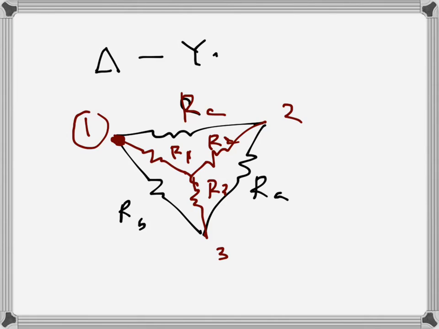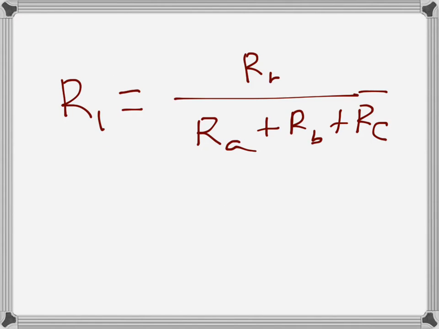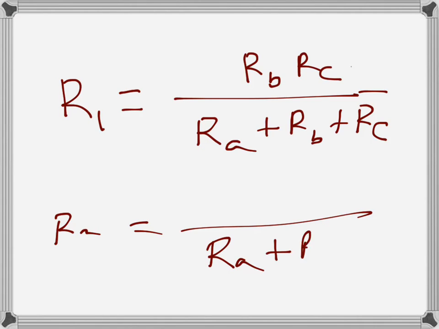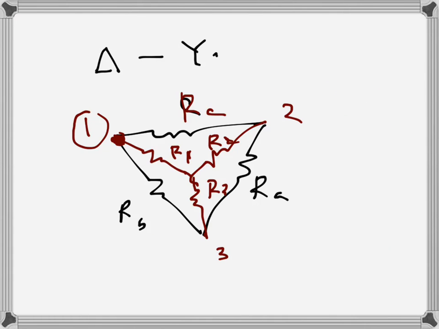So what we can see here, R1 is connected at node 1 for Y, but for delta there was RB and RC. These two were connected to the same node, node 1. So those two will be multiplied. So RB times RC. That's how the expression will be. Similarly, R2 will be, in the denominator all three will be added. In the numerator, since we are talking about R2, that is this node, the delta resistances that are connected to this node are RC and RA.